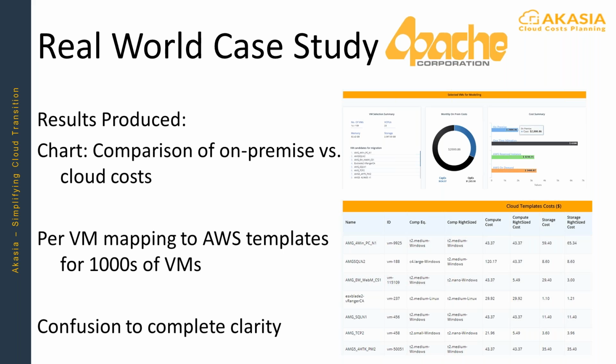And so then he went back to his management with a very confident decision. We are continuing to work with him, and we are doing some more expansions within Apache now. So this is just a real-world example of how important it is to be able to do detailed cost assessments and planning prior to migrations.